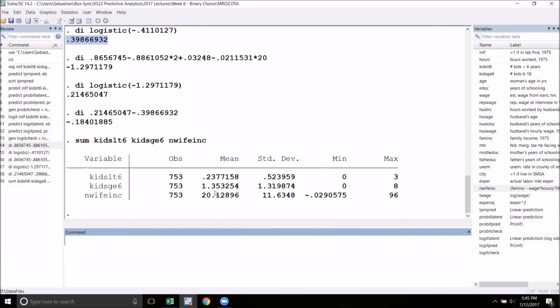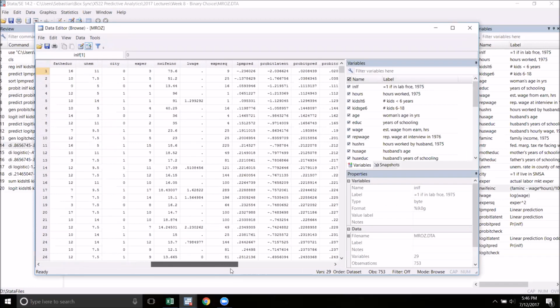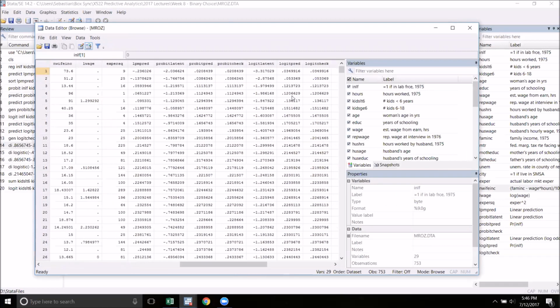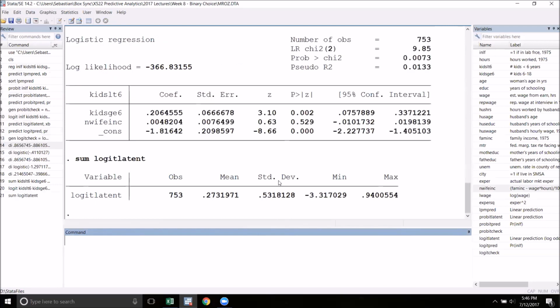There is kind of a shortcut though. And the way that we do that is by taking advantage of the latent variable prediction. Luckily, we've already calculated the latent variable predictions for the Logit. Those were right here. Now, if I calculate sum Logit latent, this number right here will give us the mean latent variable prediction for everyone in our data set.